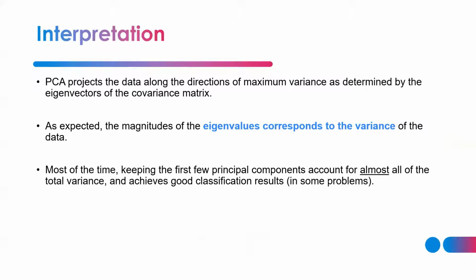Most implementations will give you the eigenvectors and eigenvalues if you just provide the covariance matrix as input, and you look at the eigenvalues to determine how many dimensions you are going to keep by looking at the cumulative value of the eigenvalues. So usually we keep the first few principal components, and this is really problem dependent. It's up to you to decide how many of these to keep and how many to throw away.